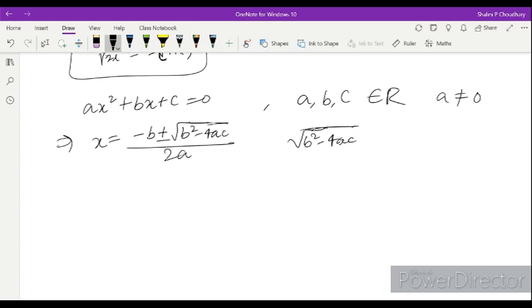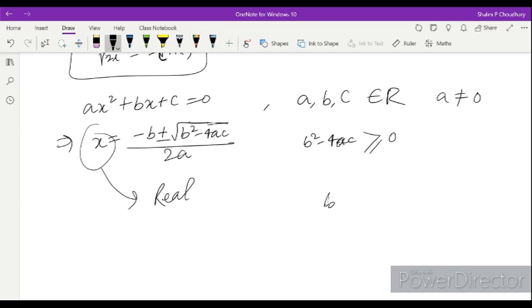It means अगर ये जो square root हमने लिया है, अगर वो negative आता है, if this value is greater than 0 or greater than or equal to 0, it means this value of x का जो roots है वो that will be real number.